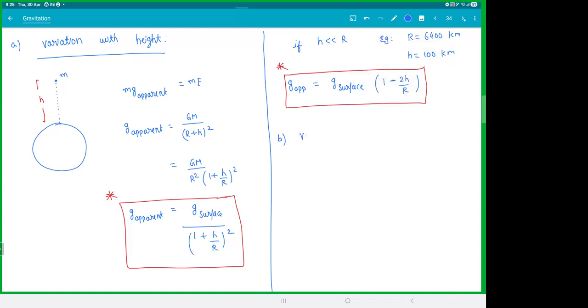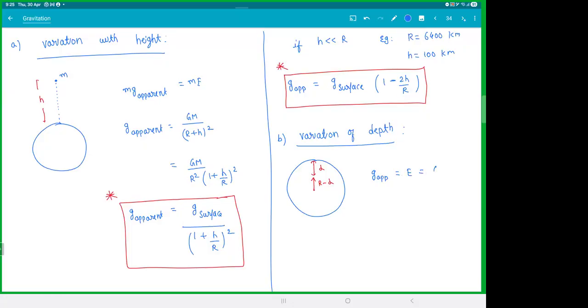The second variation is variation with depth. So if you go into the Earth, let's say you go to a depth d, then from the center, this distance will be R minus d. So g apparent is nothing but field.